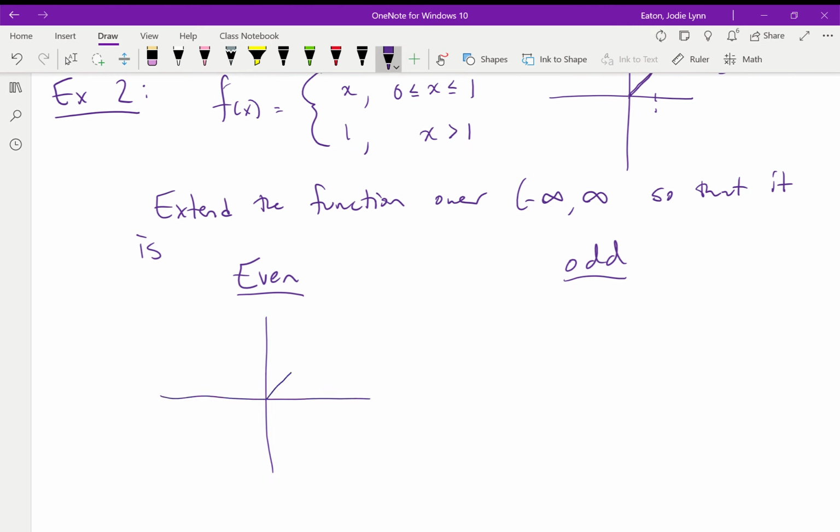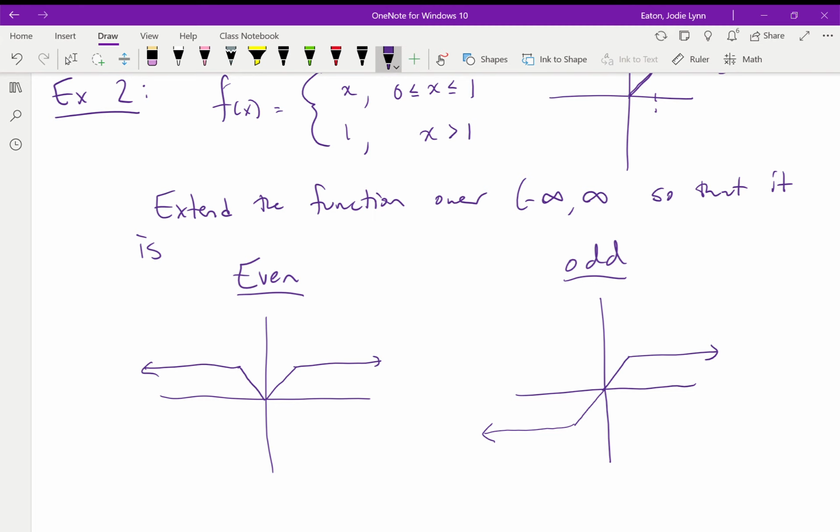For both of these cases, we're going to start with the same left-hand side. So we're going to start with our function the same way it looks up there. For the even function, we want it to be symmetric about the y-axis, so we're going to draw it symmetrically. For the odd function, we want it symmetric rotationally, so we rotate it 180 degrees, and then this also rotates, and it would be pointing in the opposite direction.